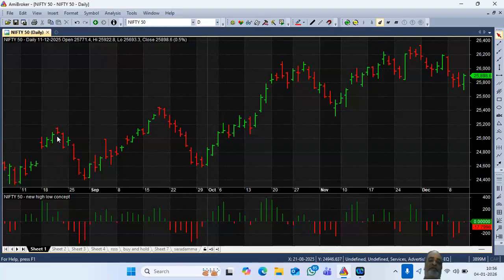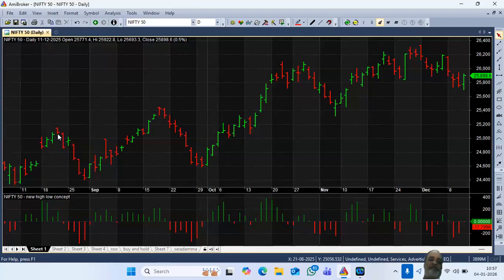The open itself is the high, there is not much gap between the open and high, and there is no fresh low made here, but the close is very near to the low. The range of the bar is also much lesser than previous bars, which indicates a potential trend reversal here.